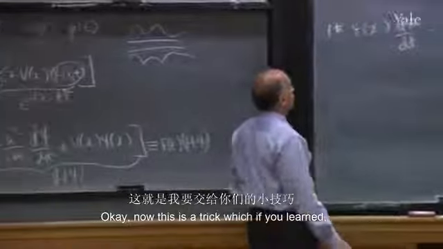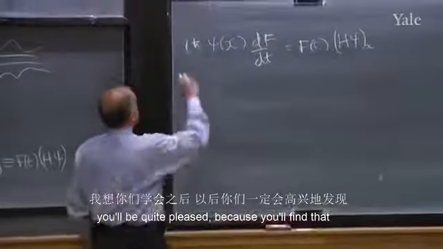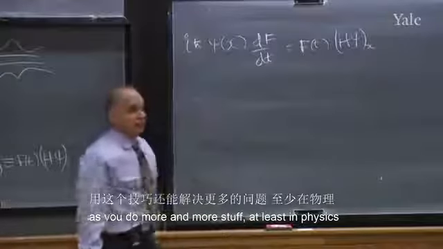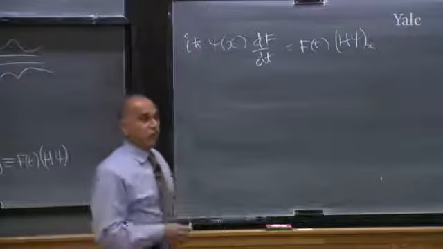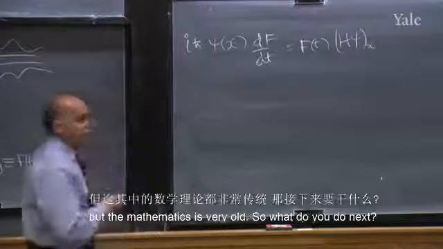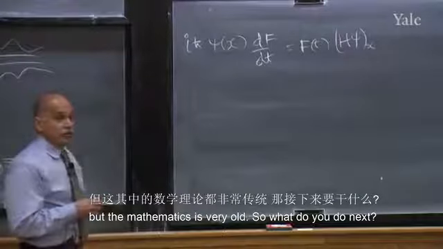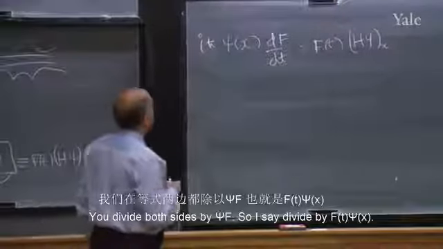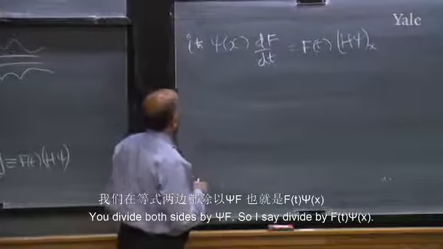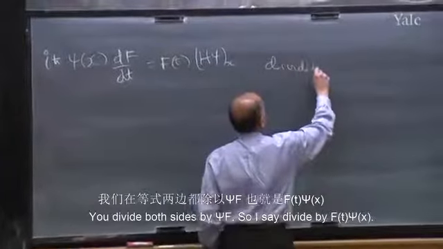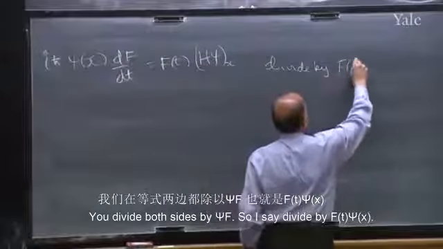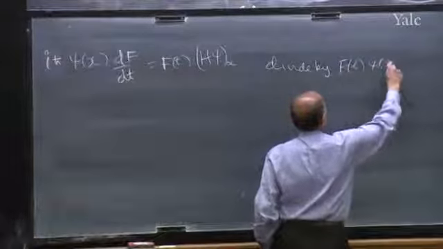Okay, now this is a trick which if you learn, you will be quite pleased, because you will find that as you do more and more stuff, at least in physics or economics or statistics, the trick is a very old trick. The problem is quantum mechanics, but the mathematics is very old. So what do you do next? You divide both sides by psi f. So I say divide by f of t psi of x.